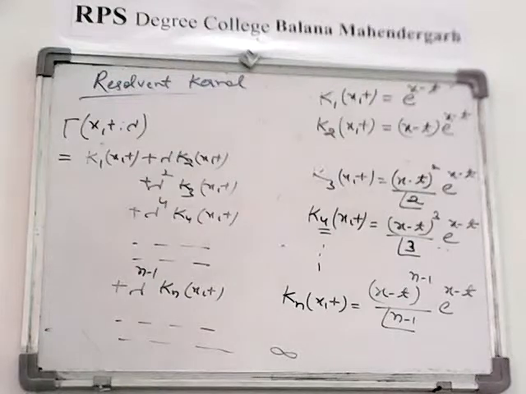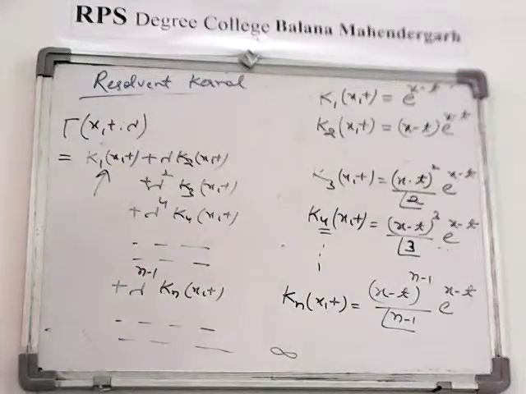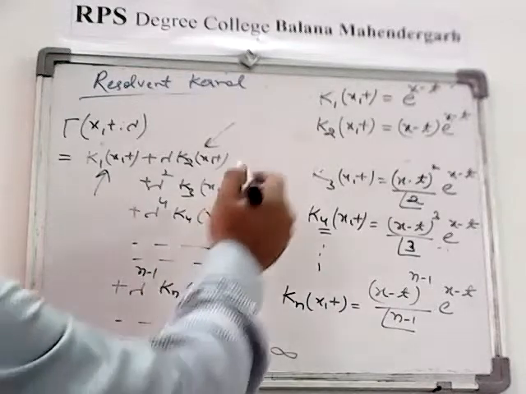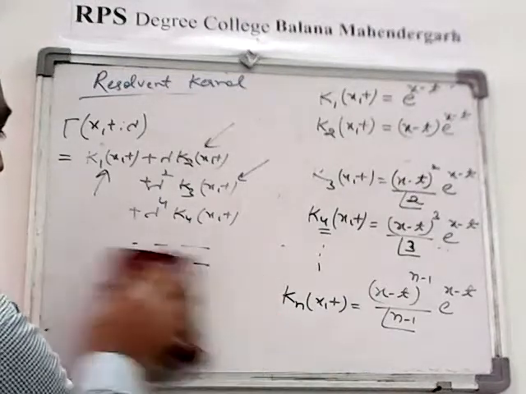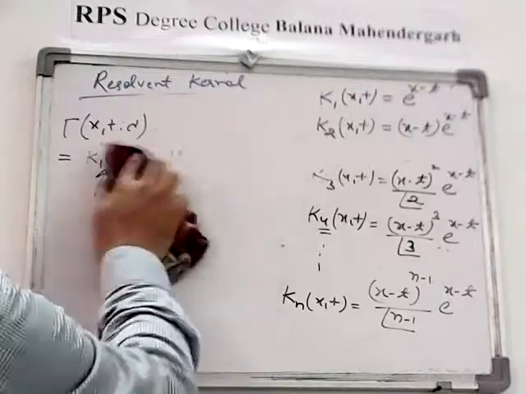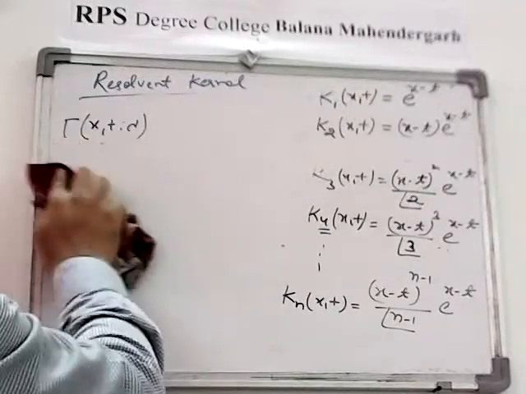So if we put the corresponding values at these places, this value is e raised to power x minus t, this value is (x minus t) into e raised to power x minus t. Similarly, k3(x, t) is (x minus t) whole square divided by 2 factorial into e raised to power x minus t. So at these places, if we put the values of k1, k2, k3, k4, so on up to kn, what will we get?